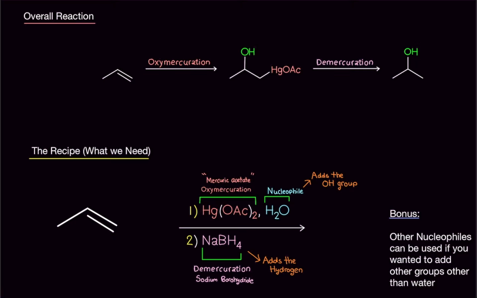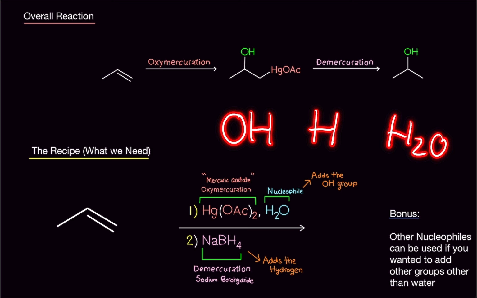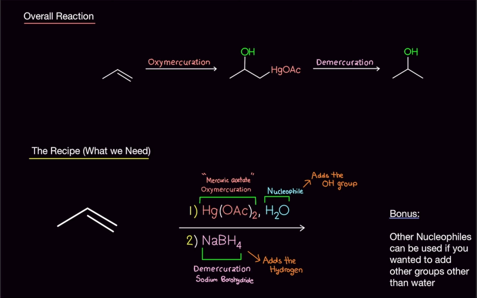We're putting an OH and a hydrogen, which ends up as H2O, because that's 2 hydrogens and 1 oxygen. So we're technically adding an OH and a hydrogen to the molecule, but it's water. Okay. So we have an alkene.